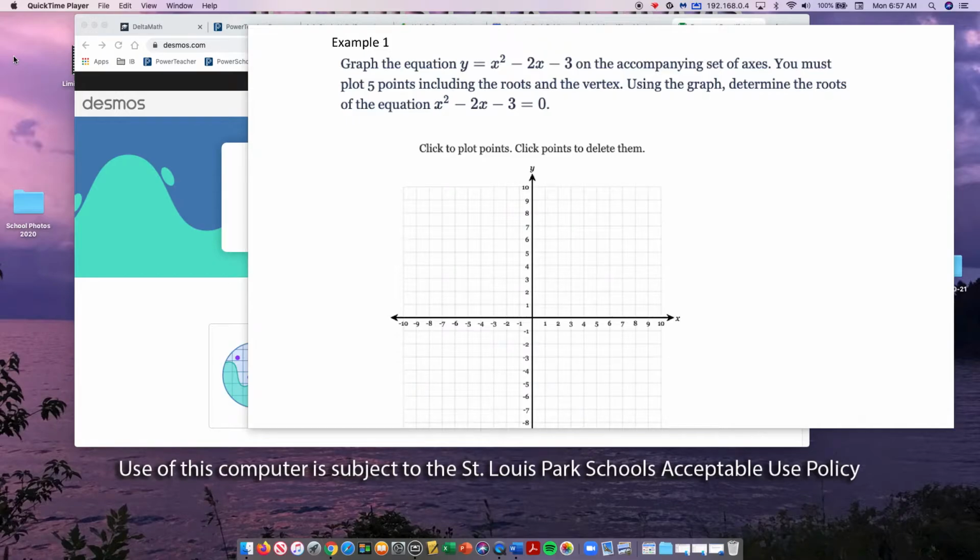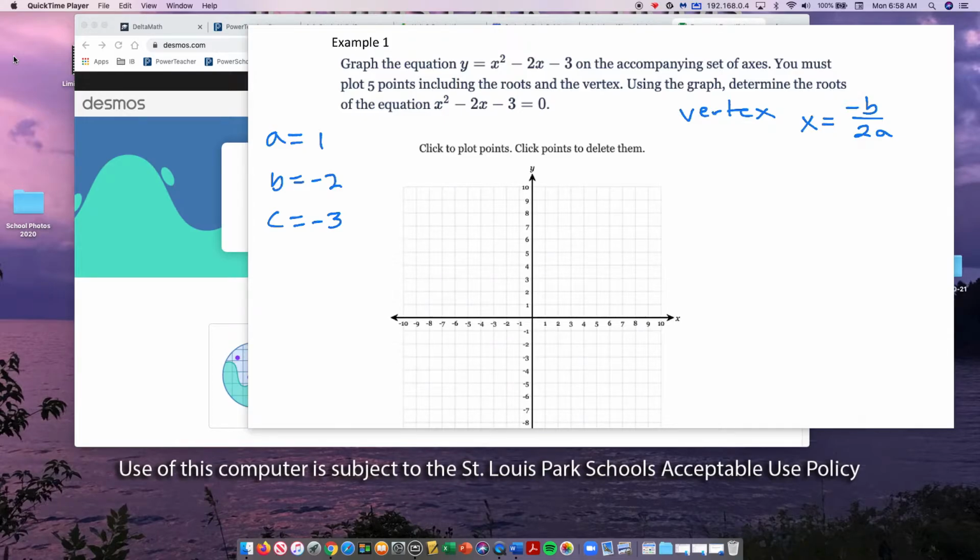One way to graph it, just knowing where things are, you know that the vertex is when x is equal to the opposite of b divided by 2a. In this problem, a is equal to 1, b is equal to -2, and c is equal to -3, because I just pulled those values from the equation.